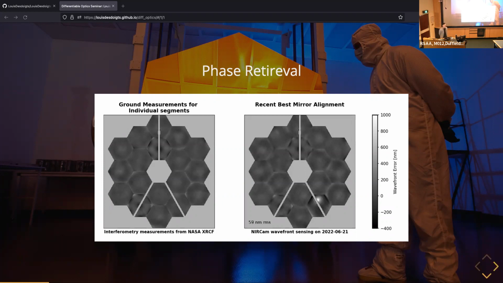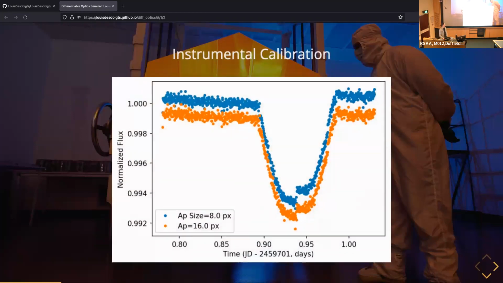As you can see on the right, we have a little hot spot in one of the bottom right mirrors. That was caused by a micrometeoroid hitting and degrading that mirror a little bit, which will continue to happen over time, which means that being able to measure the changes in the mirror is going to be really important to continue getting really good science out of this telescope over its lifetime.